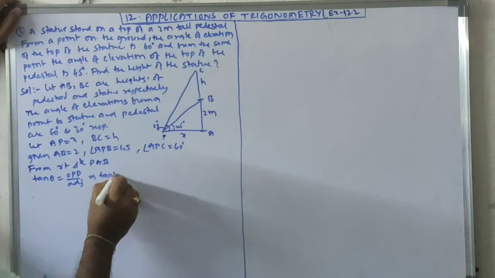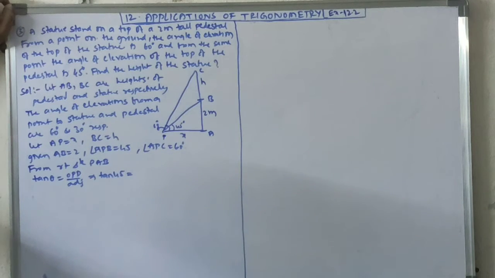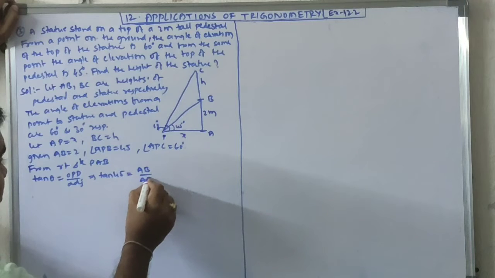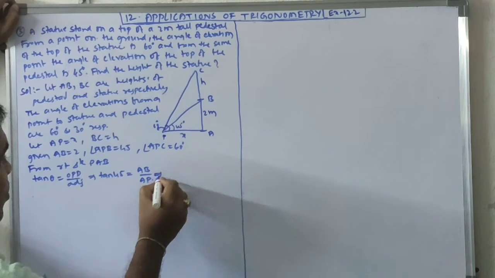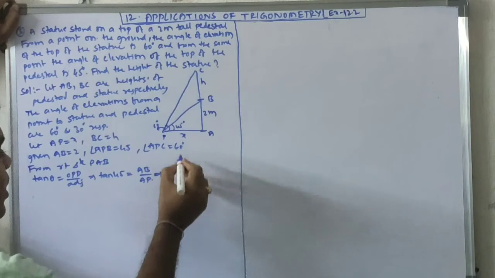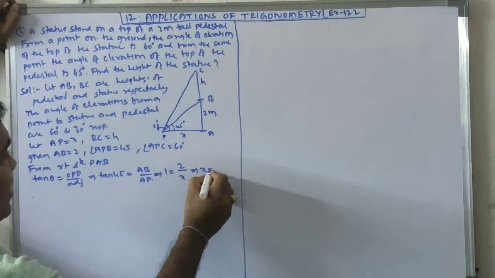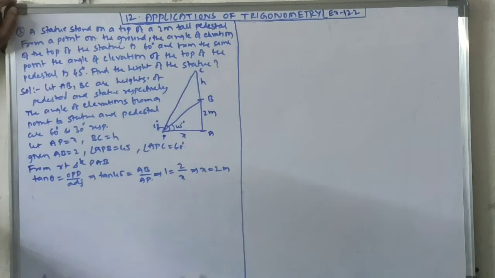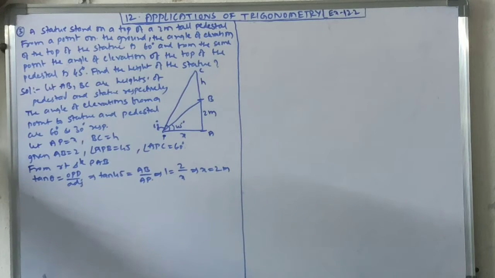Tan 45 equal to opposite AB by adjacent AP. So tan 45 equal to 1, equal to AB 2 by AP x. Cross multiply, x equal to 2. x equal to 2 meters, the distance from the foot of the pedestal to the observer.